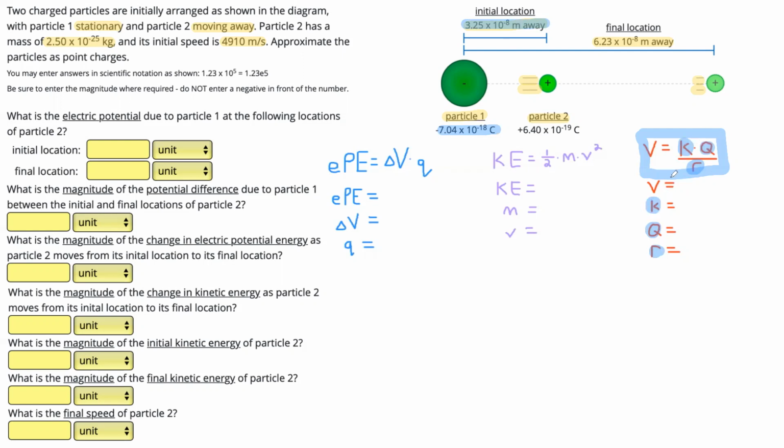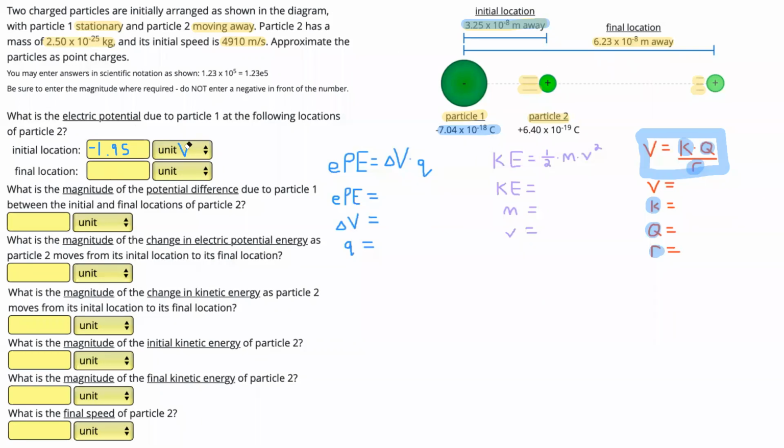So you'll put those values in and calculate out your electric potential at that point, bearing in mind that the electric potential may be positive or negative, depending on the type of particle we have. Since we have a negatively charged particle, we're going to get a negative potential here. So putting all those numbers in will get us a potential of negative 1.95 volts at the initial location.